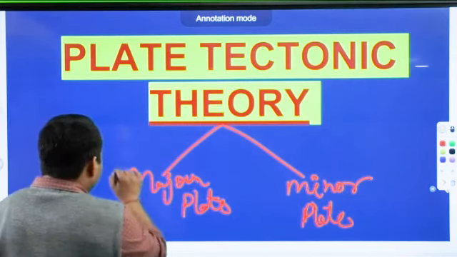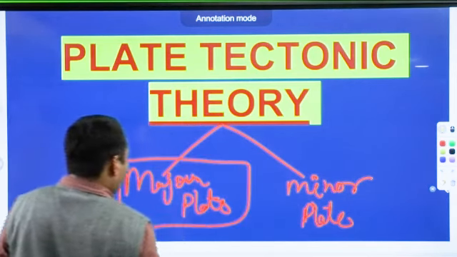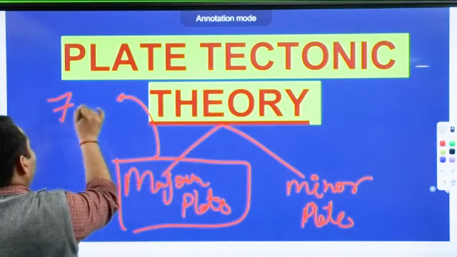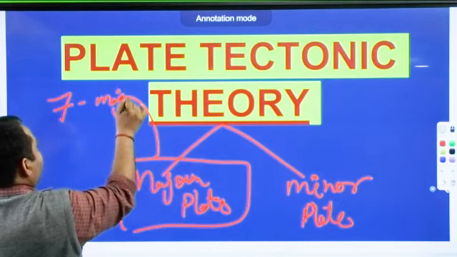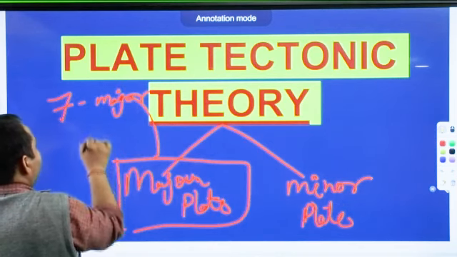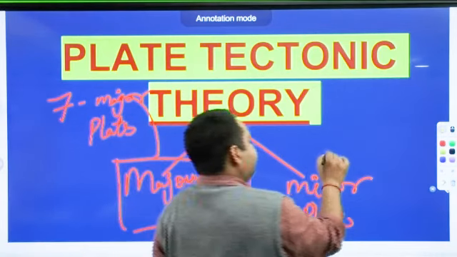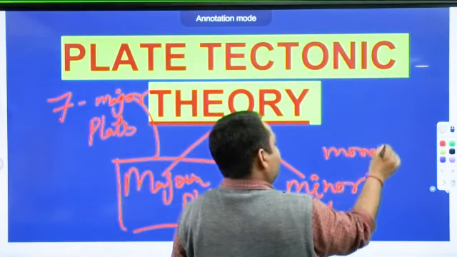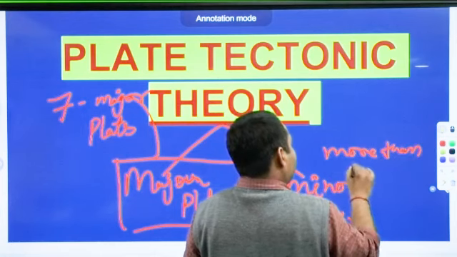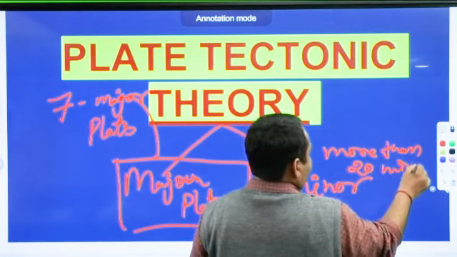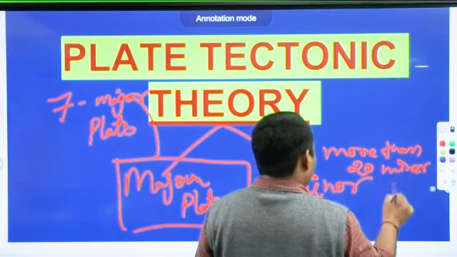There are 7 major plates, while more than 20 minor plates.